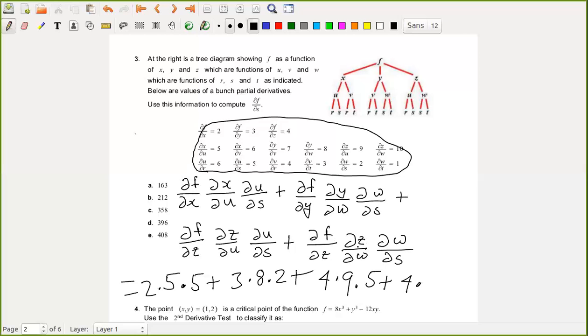The partial derivative of z with respect to w, that's 10. The partial derivative of w with respect to s, that's 2. And when you add all of this together, when you do all of this multiplication and add them together, what you end up with is 358.